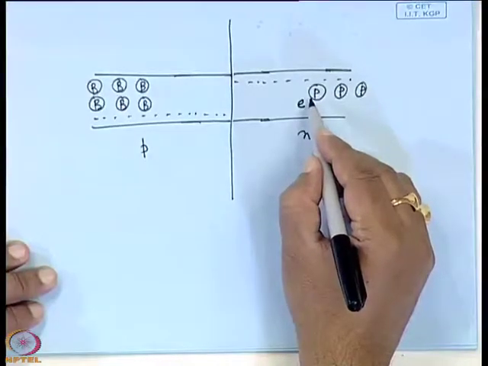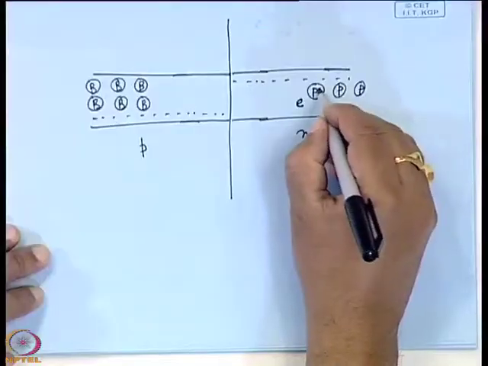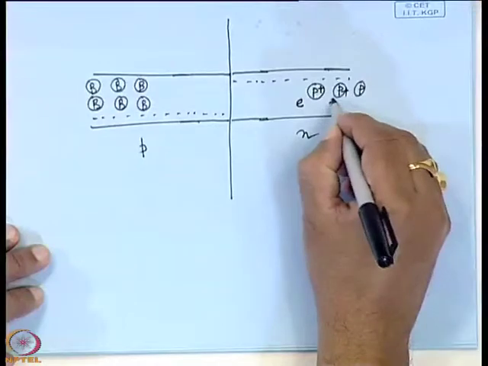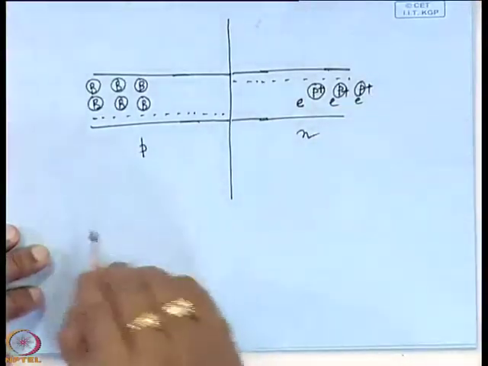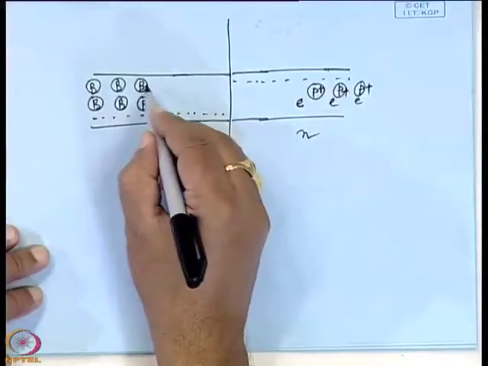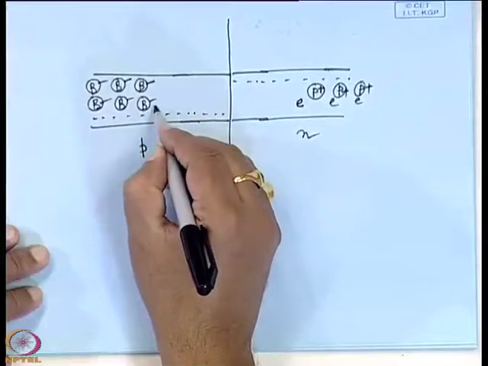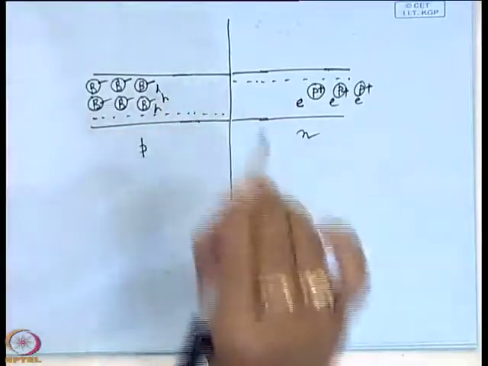Why? Because leaving of an electron, or absence of an electron, is considered positive. Similarly, boron will be negatively charged. Why? Because positively charged particles, holes, will be donated to the crystal lattice.